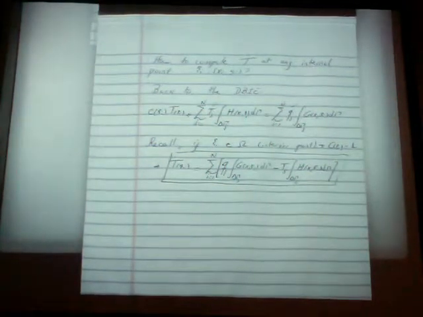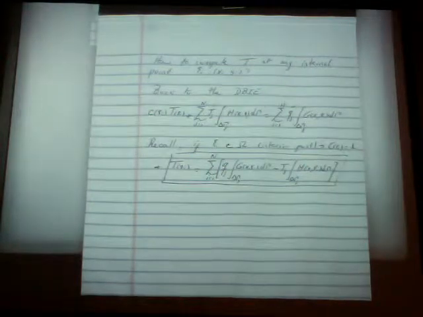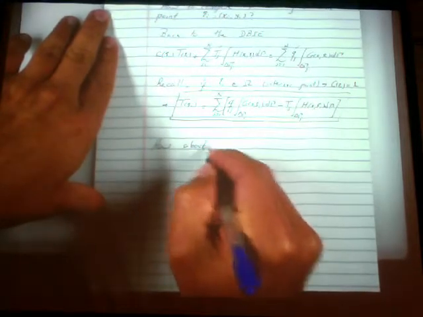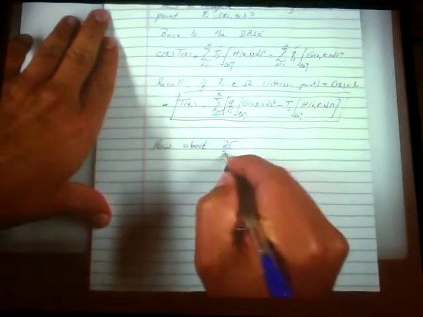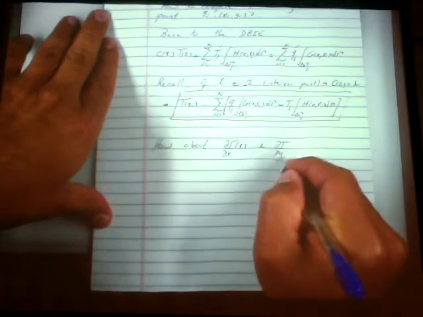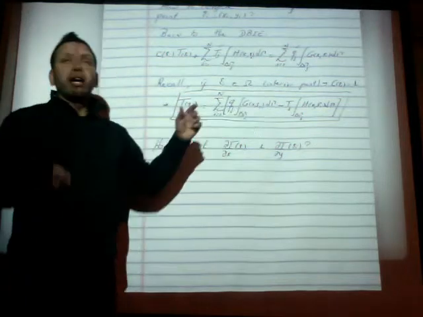Now, how about dT/dx and dT/dy? And remember, this x denotes x and y, and the xi denotes xi_i, yi_i.